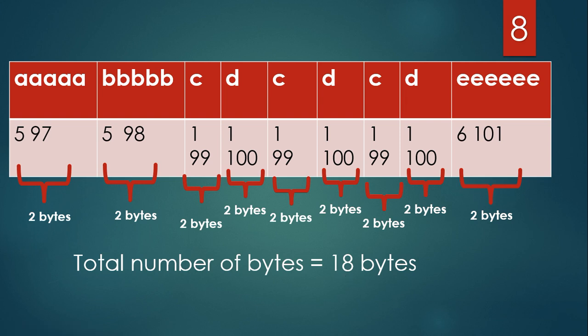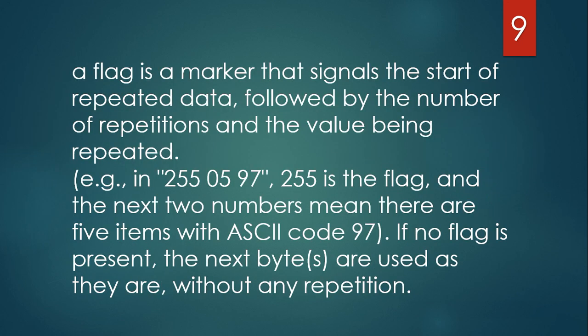But it is still incomplete because there is another technique, which is called the flag. After applying the flag, we will see a significant drop in the storage. So let's see the flag. Basically, a flag is a signal or a marker that precedes the repeated characters.